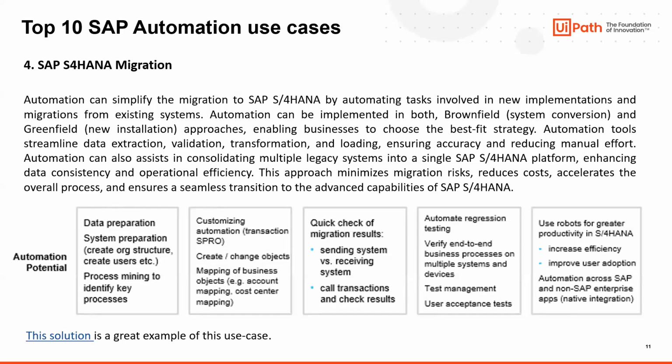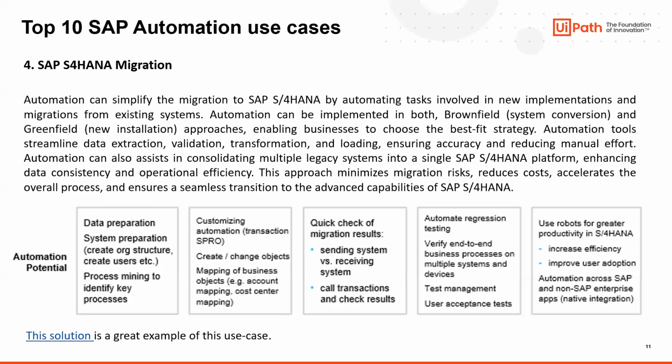So it's always recommended to use the latest version of SAP, right? SAP ECC customers have the option to migrate to either S/4HANA or RISE, and S/4HANA customers can have the option to migrate to SAP RISE, right?